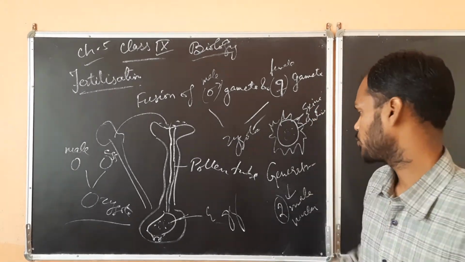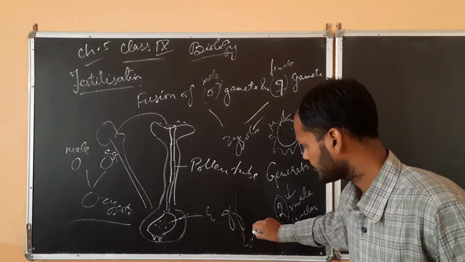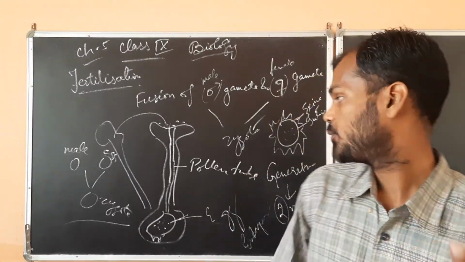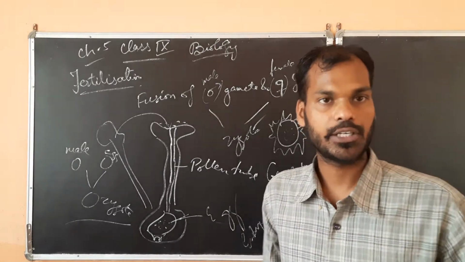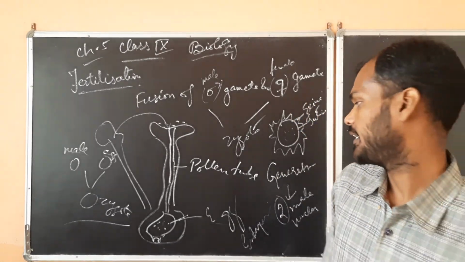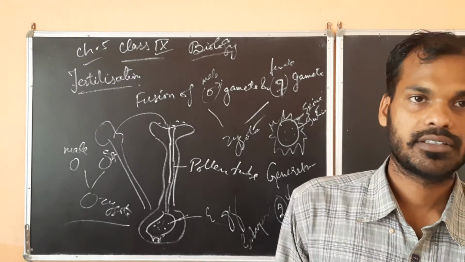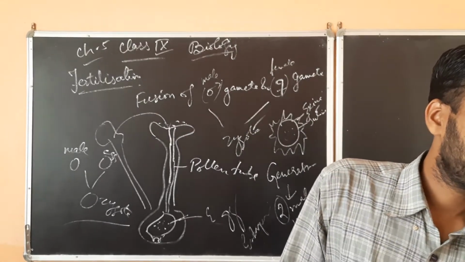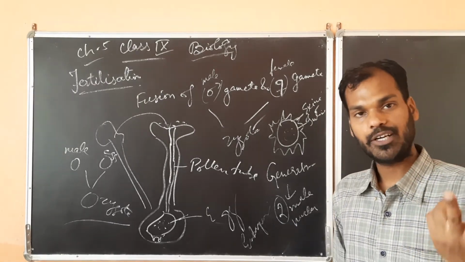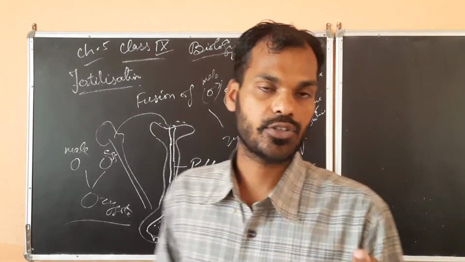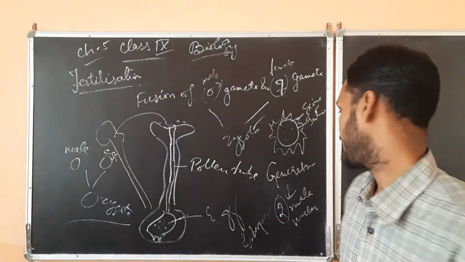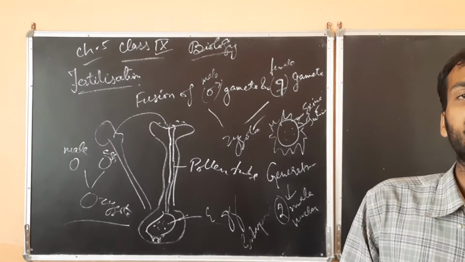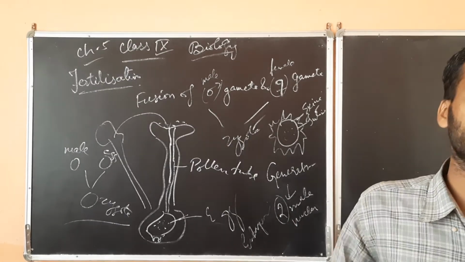So it becomes the endosperm, which is triploid. This endosperm is responsible for protecting the embryo by giving nutrition. This endosperm totally contains nutrition.